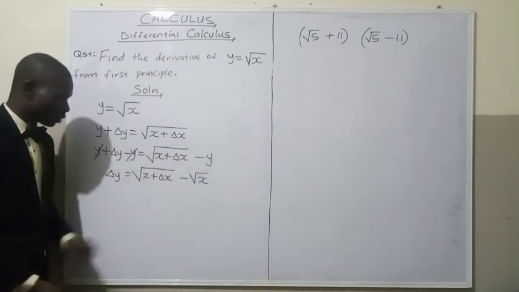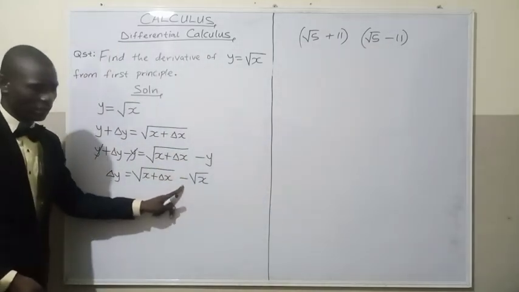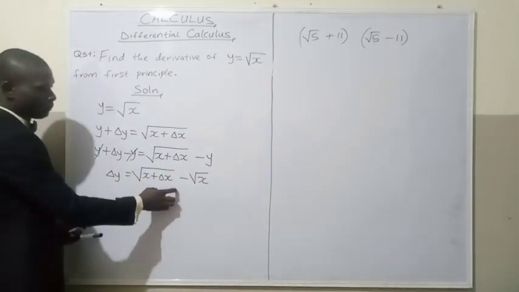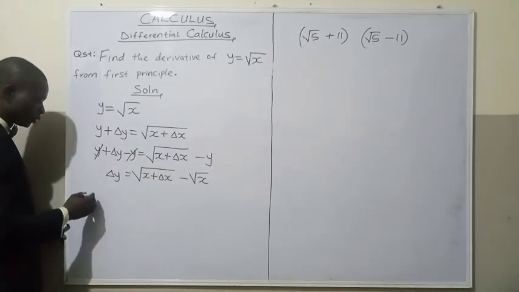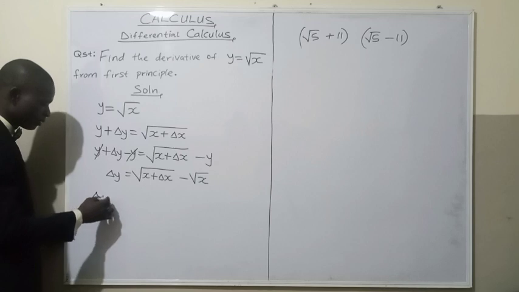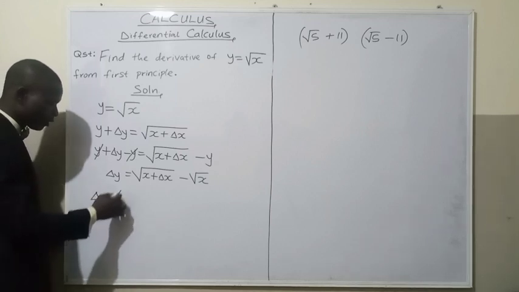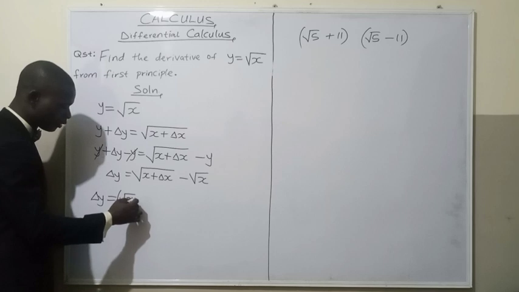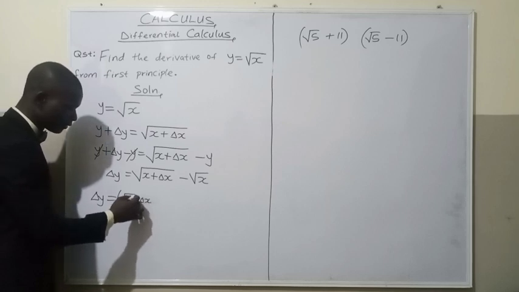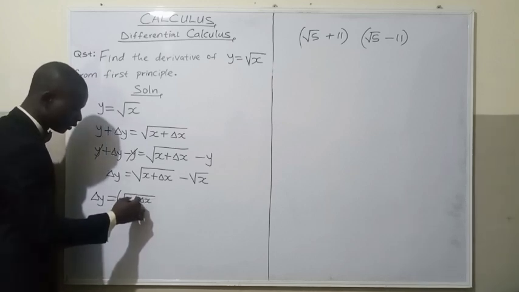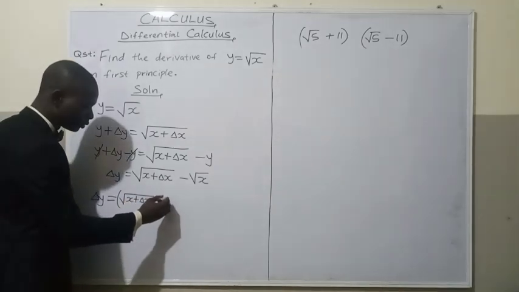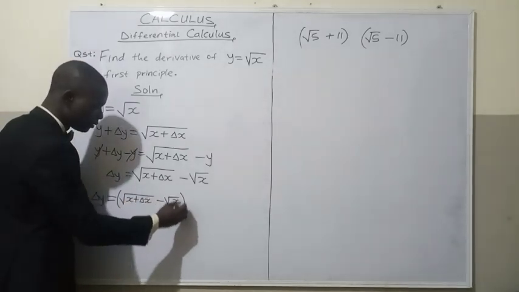So we are going to apply the concept of conjugate of a surd. We are going to look for the conjugate of this right hand side, and we are going to multiply by the conjugate. So delta y rather is going to be, we open a bracket, square root of x plus delta x for this first one, now minus square root of x.